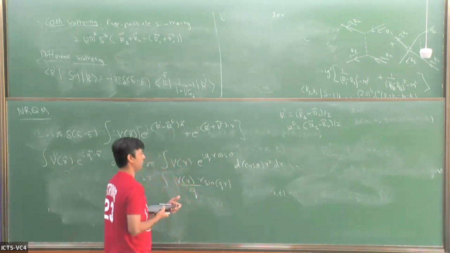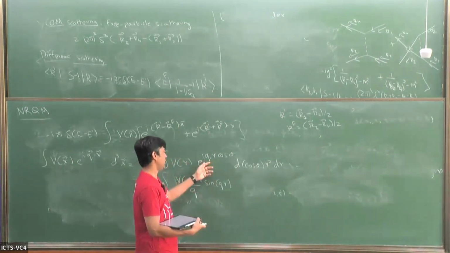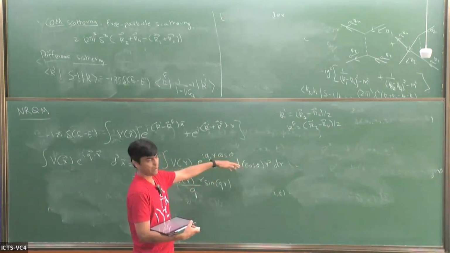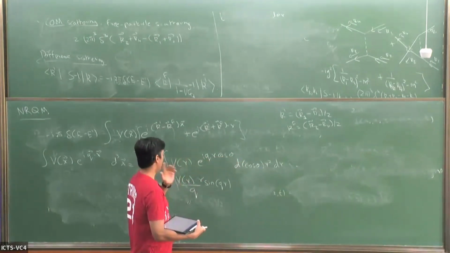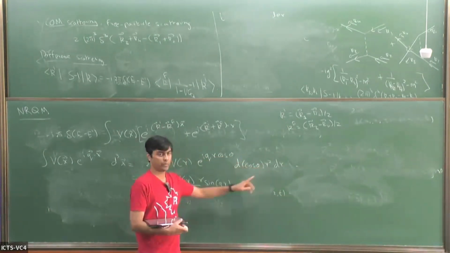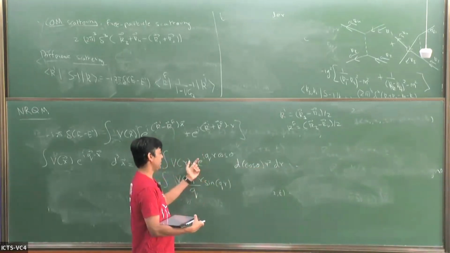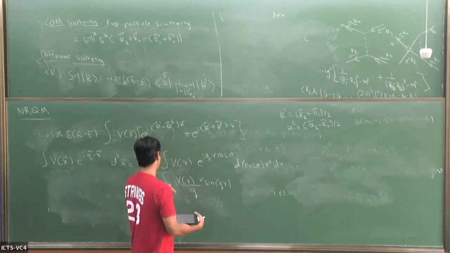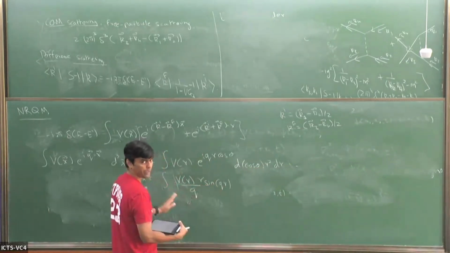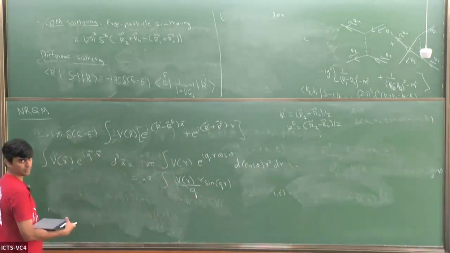The way this comes about is you do the integral over cosθ, so you get (e^{iqr} − e^{−iqr})/(iqr). One of the factors of r cancels against the r², converting the r² into an r. The q sits behind, and (e^{iqr} − e^{−iqr})/2i becomes sin(qr). So you get this.